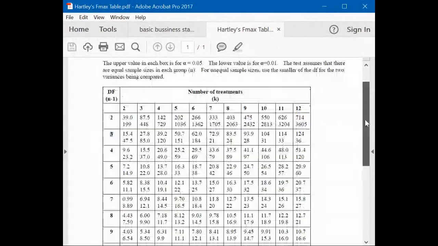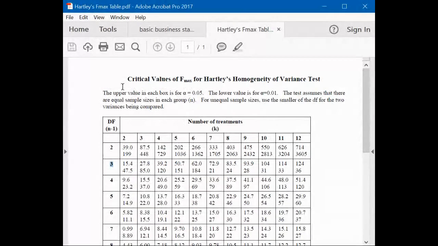From the heading here, it shows that the upper value from each box goes with 0.05, and the lower value from each box goes with what? So it means this table is 2-in-1.